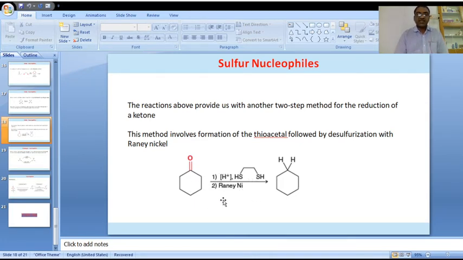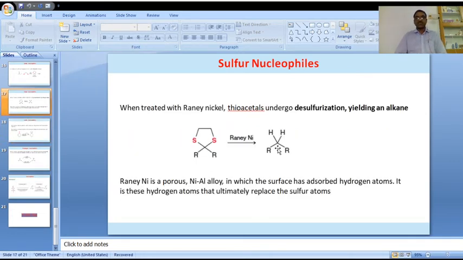Next, it undergoes the second step with Raney nickel. Please observe the actual second step. This cyclic thioacetal undergoes desulfurization in presence of Raney nickel and yields an alkane, a normal alkane. This is the second step.